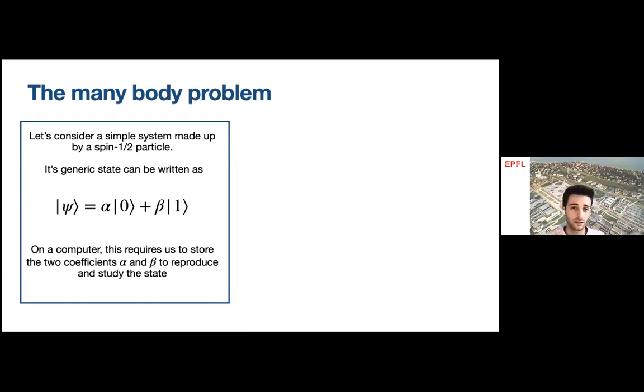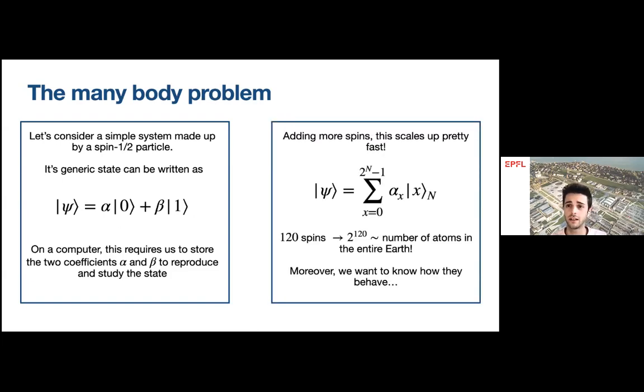But if I generalize to a generic n-qubit state, an n-spin state, we can see that our problem scales up really fast, because the number of coefficients that I need to reproduce a generic state scales up exponentially with the number of spins.